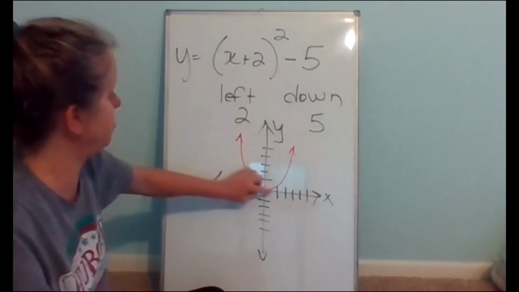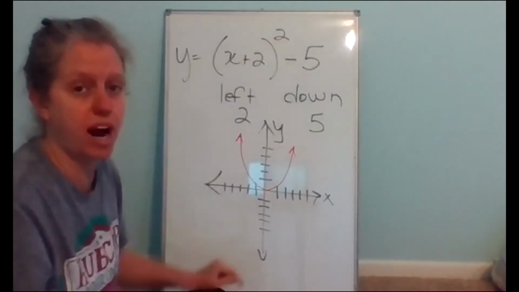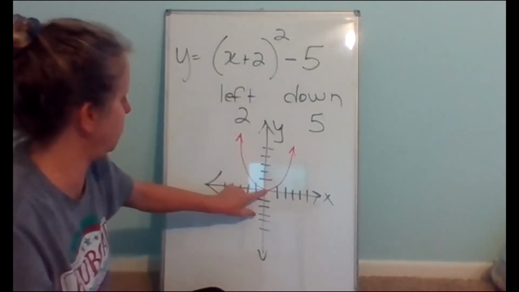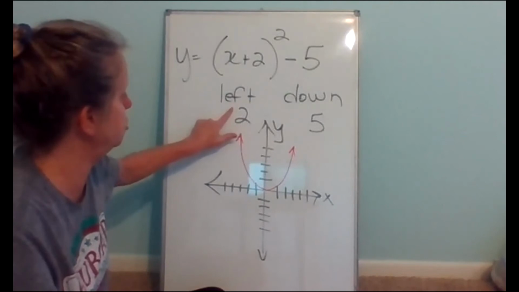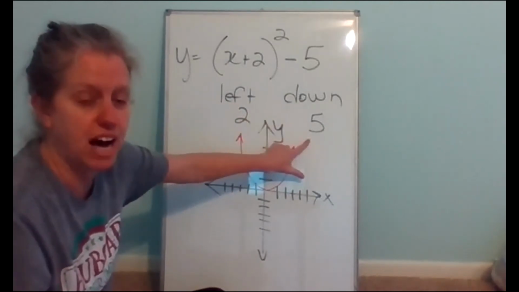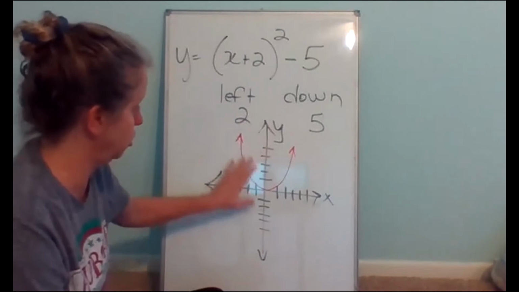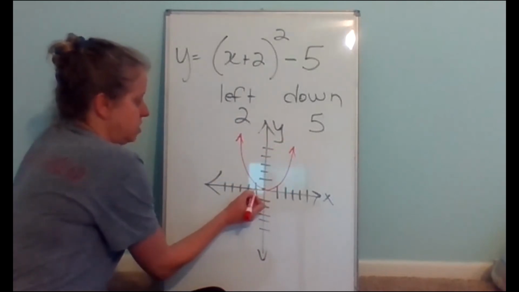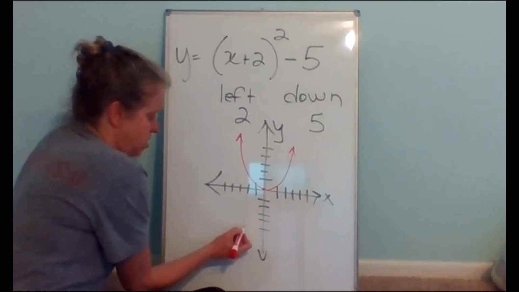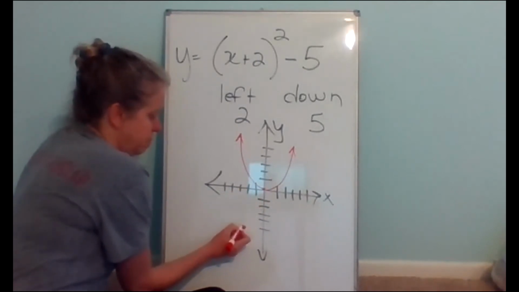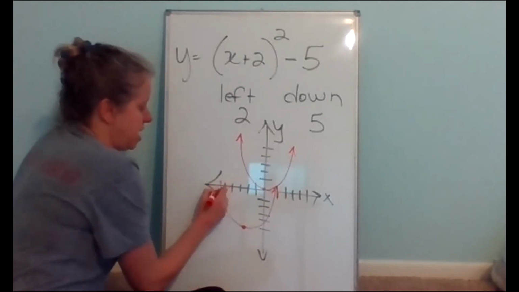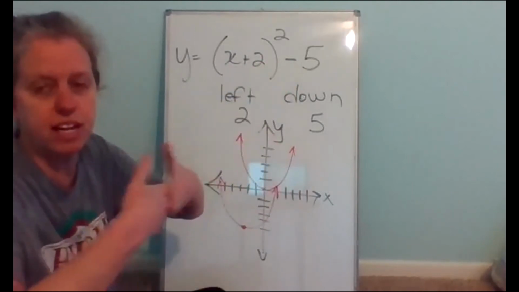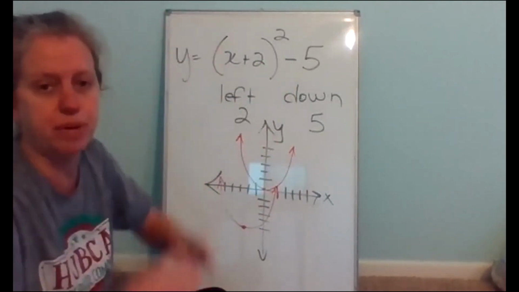This graph, however, is going to have the same shape. It's going to be an x² graph still. It's just that the middle of it, this point right here, is going to be shifted to the left 2 and down 5, which means it's going to look the same. It's just that this point right here is going to be shifted to the left 2 and then down 5, which will put the middle of it here and still be the same shape. So that's what these numbers do. They shift it left and right and up and down.